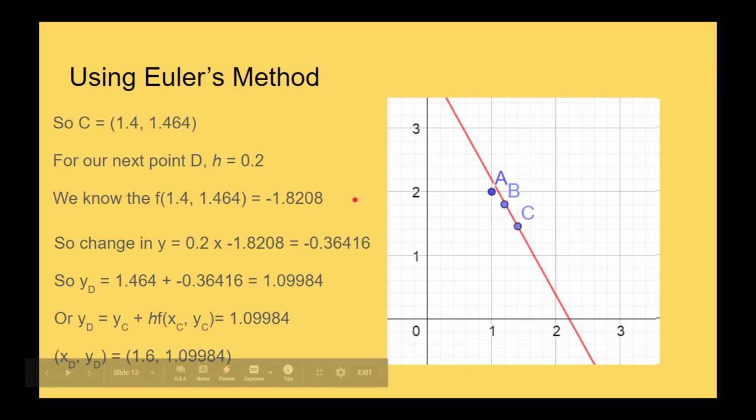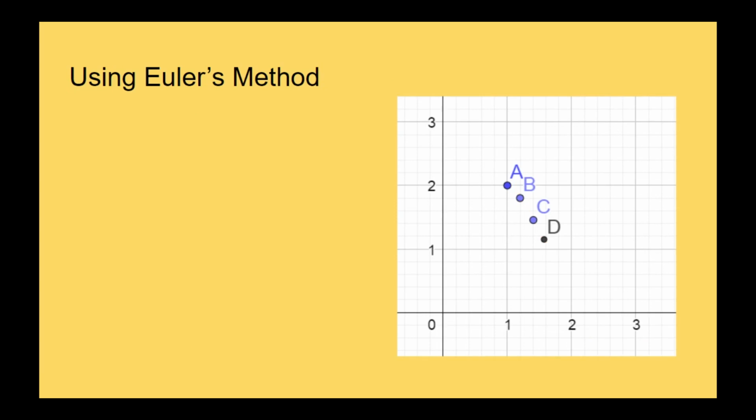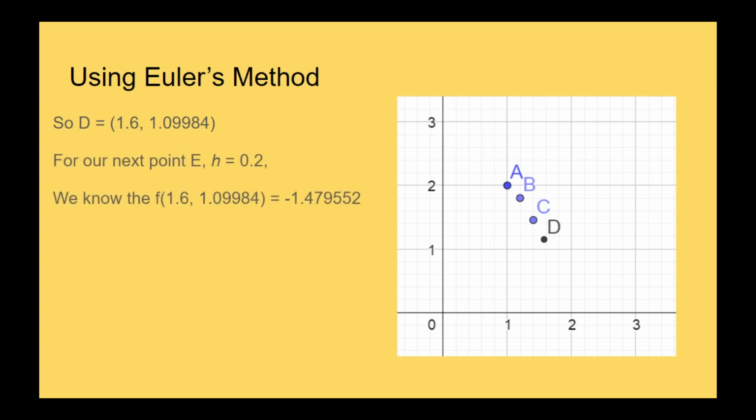And there's our coordinates for point D, which we can now plot on our tangent. We've taken 3 steps. Now for our fourth, we've got our coordinates of D. Step length is 0.2. Gradient at that point. So if you think back to where we started at A, the gradient was minus 1. So it's going downwards more steeply now.